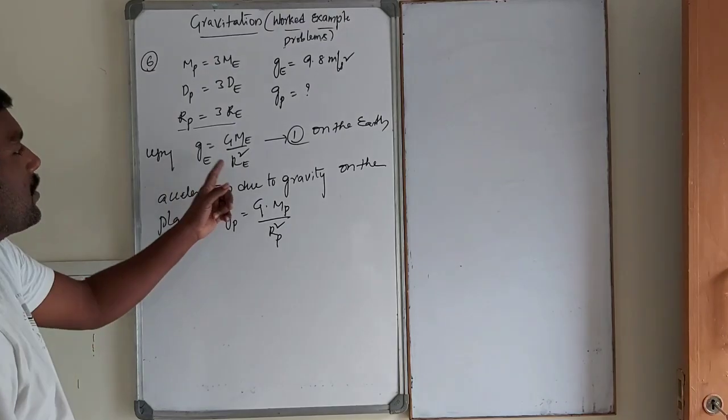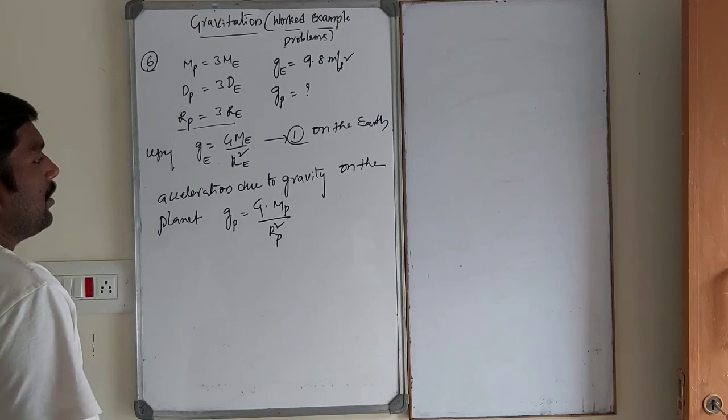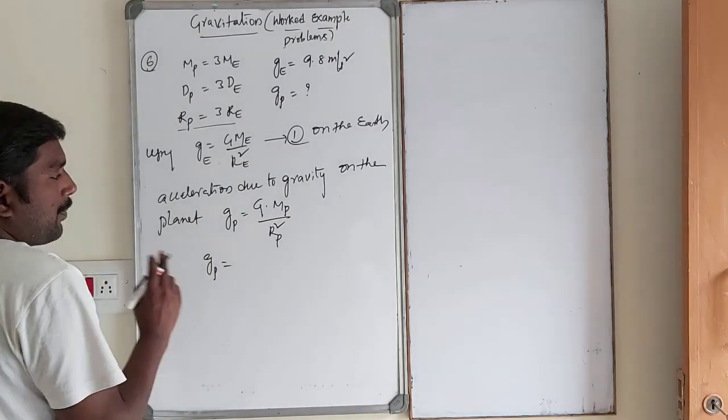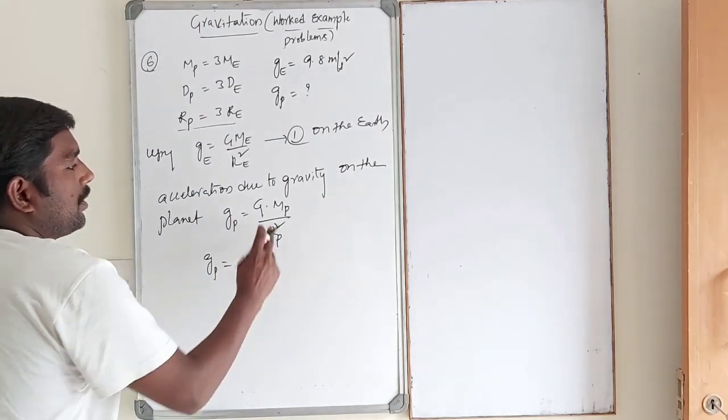This is the relation between small g and capital G. Okay, see, g_p is equal to G into M_p.